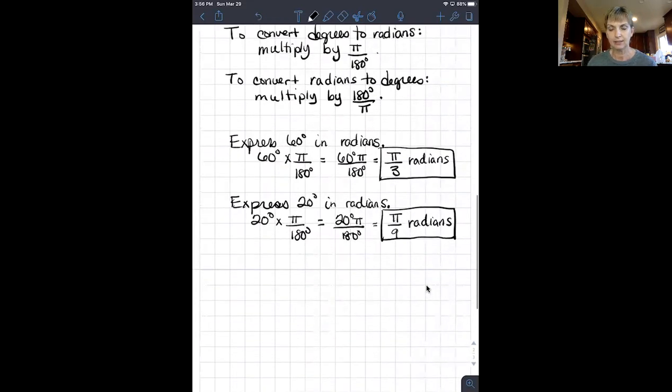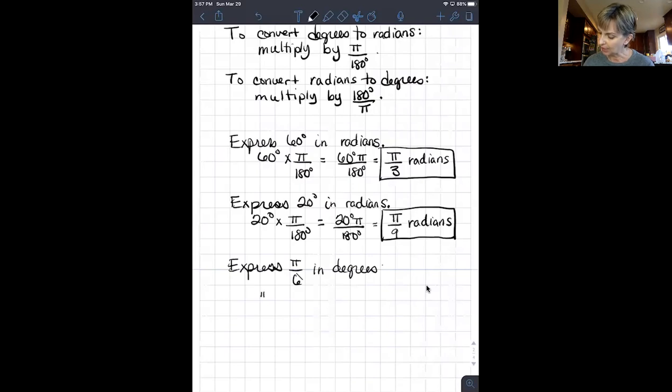Now let's do a couple converting radians to degrees. Let's do the opposite. Let's express pi over 6 in degrees. So now we're going to do that second one, converting radians to degrees.